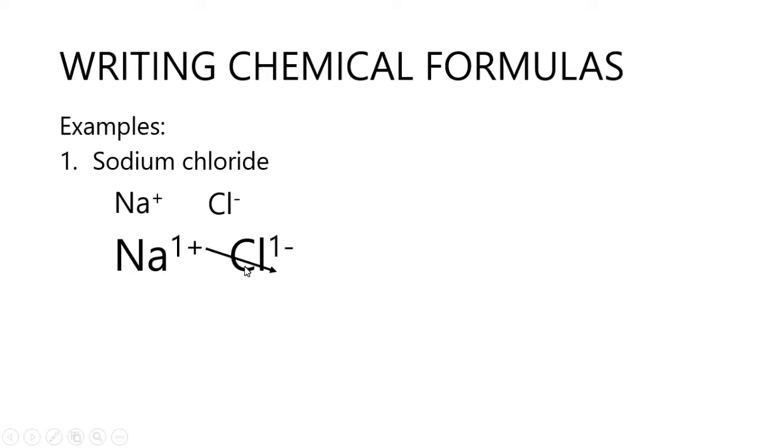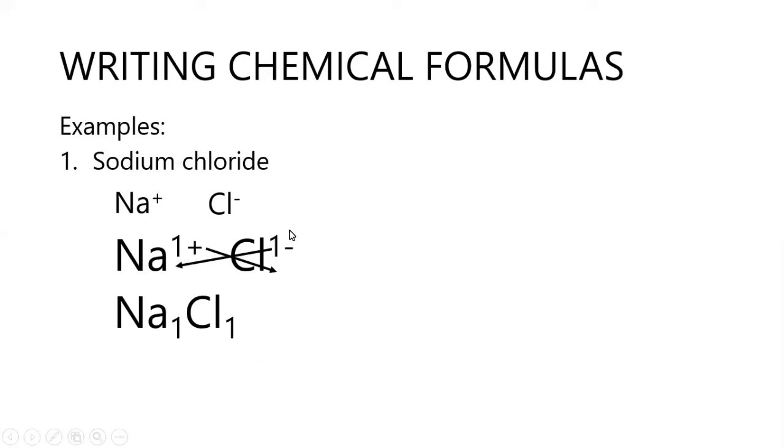We do the crisscross method. Yung superscript ni Na ay magiging subscript ni Cl, and then yung superscript ni Cl ay magiging subscript ni Na. Kaya siya crisscross kasi it forms an X sign. Magiging Na1Cl1.